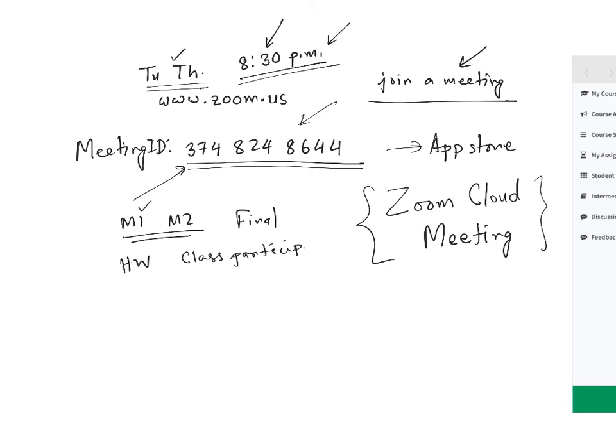Your midterm 1 and 2 will be a certain percentage of your total grade, which probably would be 20%. I'm guessing. I'm going to give it to you shortly in the actual syllabus, and homework will be 20%, and the final exam is probably going to be 30% or 40%, and participation might be 10%, something in that combination. So this is something you will know in the syllabus, which I will email to you.